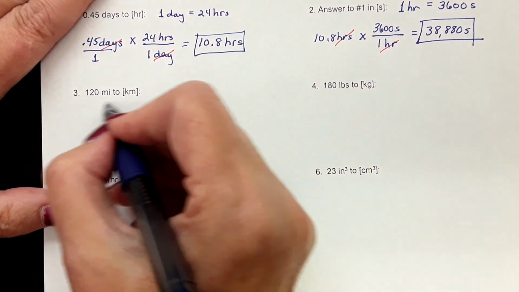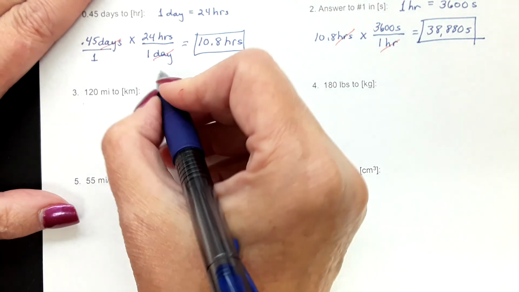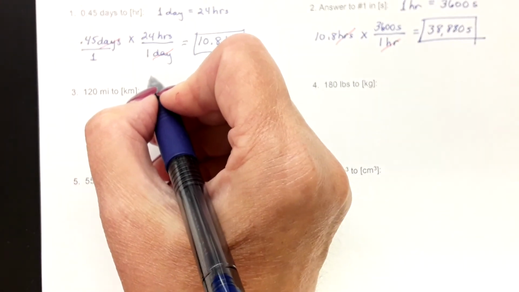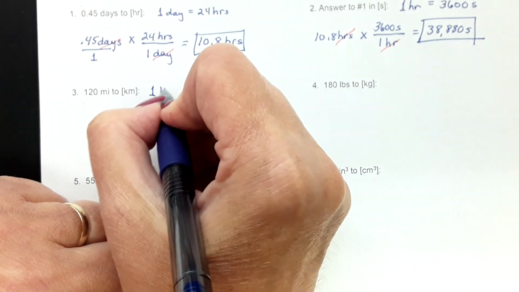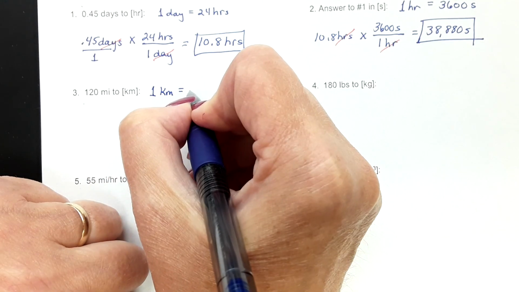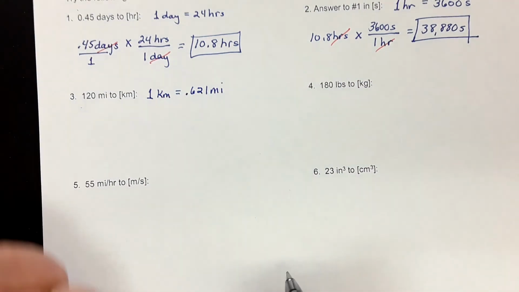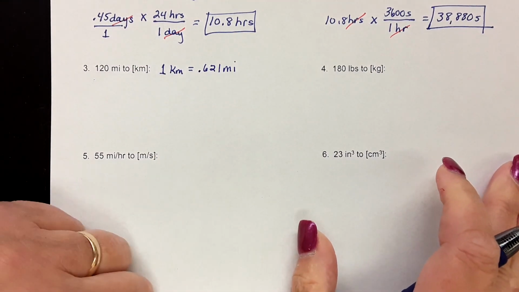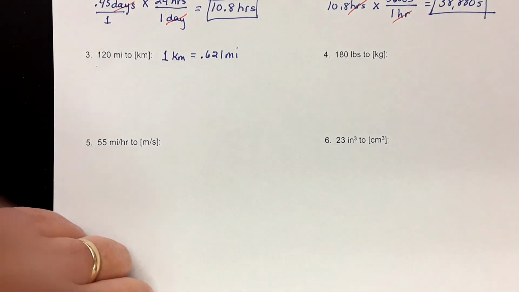Now, in this particular case, 120 miles to kilometers, we know, and I'm going to go ahead and tell you already, that 1 kilometer is equivalent to 0.621 miles. That's the one I'm going to use. You can also find it the other way, but in any case, we're going to use that one.